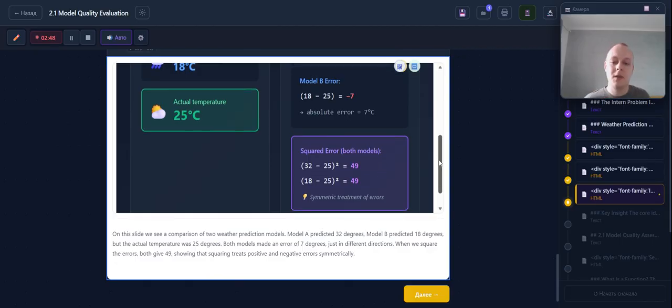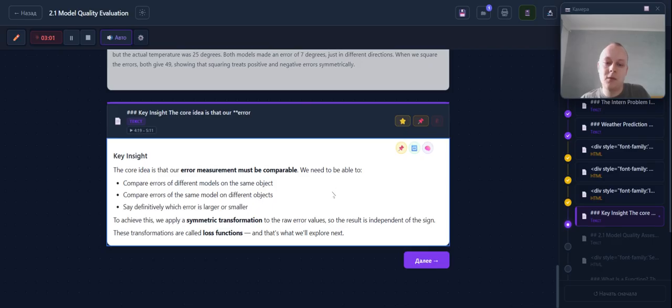This is one of the possible operations that we can use in machine learning just to make our positive and negative errors symmetrical. So yes, this is the key insight: we have to have a particular measurement for different situations, and that measurement has to work identically for different situations within a particular task, within a particular problem that we have. That is actually a loss function.